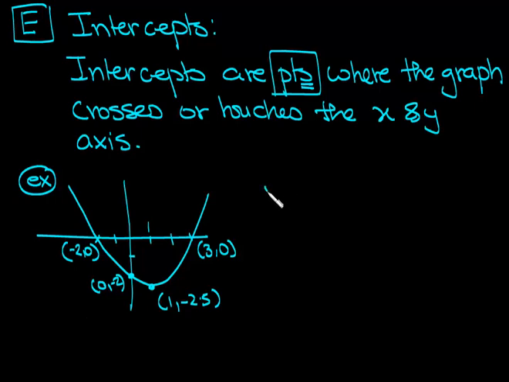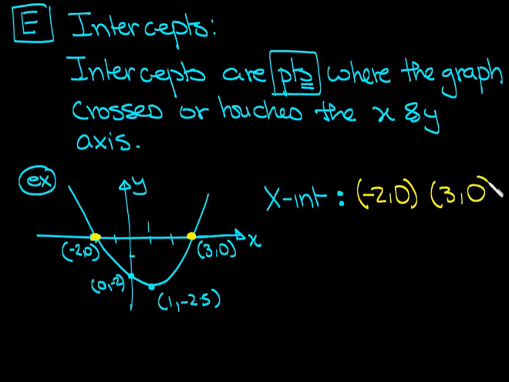So what are my x-intercepts? I'll abbreviate that. XINT stands for x-intercept. Where does the graph cross or touch the x-axis? Well, it crosses the x-axis here because that's my x-axis. Okay, so my x-intercepts are here and here. That's where it crosses the x-axis. So I have two x-intercepts, -2 and 0 and 3 and 0.